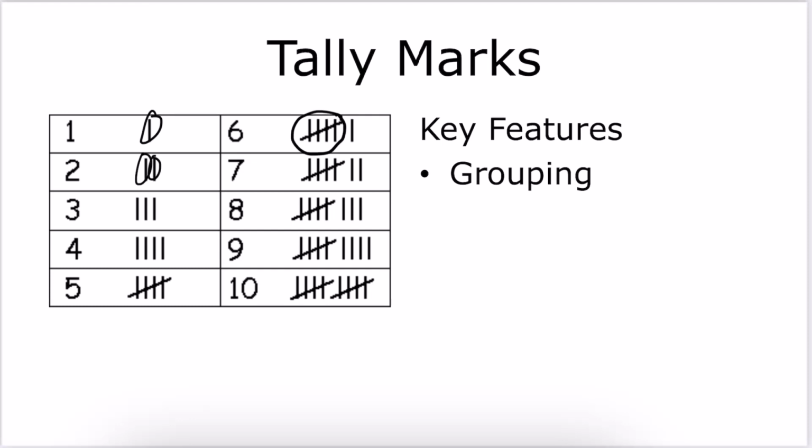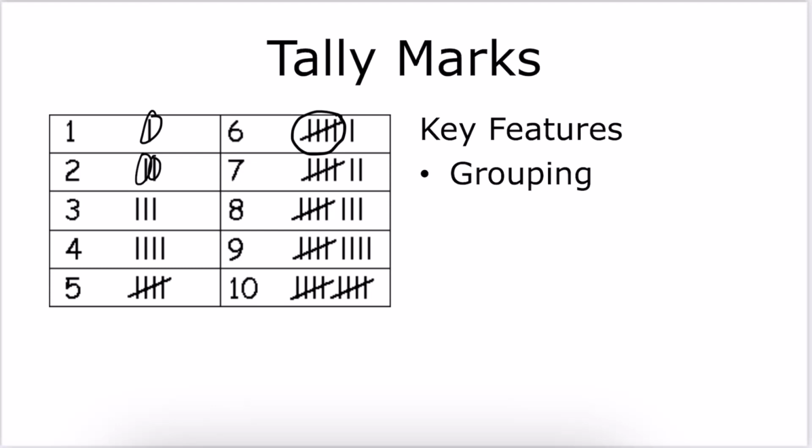So usually with tally marks, you group them together in groups of 5, which also kind of makes sense because we have 5 fingers on our hands. So it's kind of like, oh, I'm going to count on my fingers and my thumb. And once my hand is full, then I'll start a new group of tally marks.